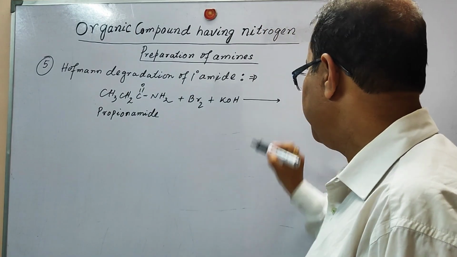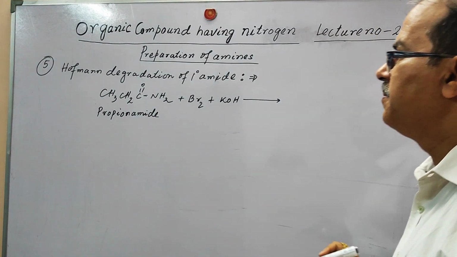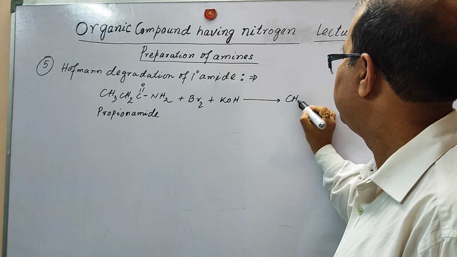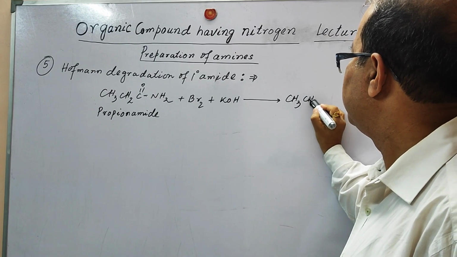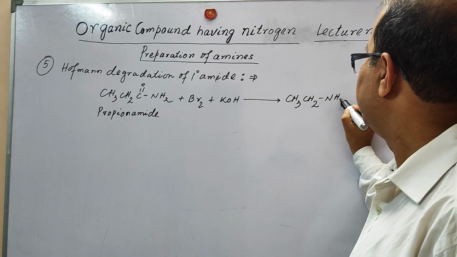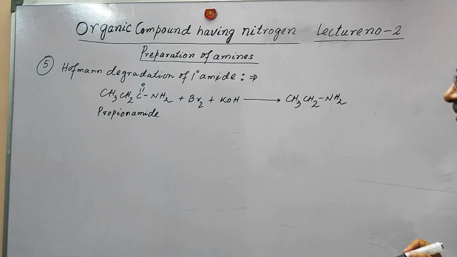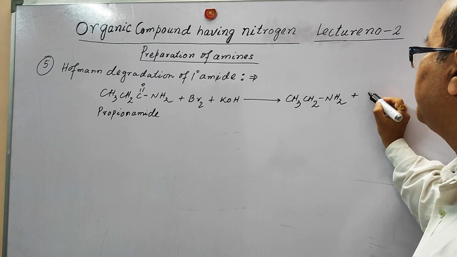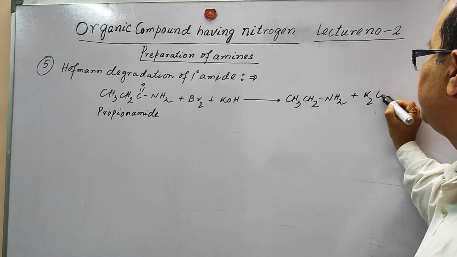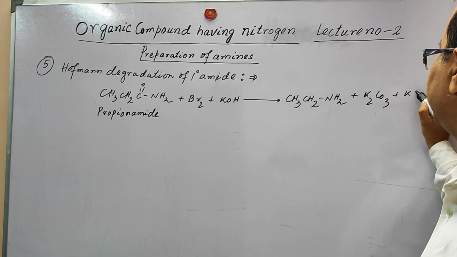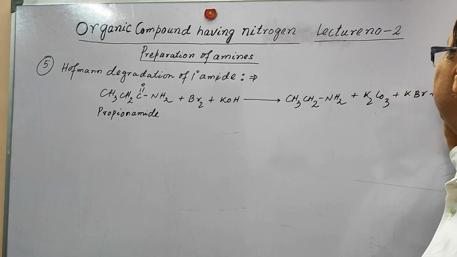This is going to form this primary amine, that is ethyl amine. And another product that we are going to produce, that is K2CO3, and it will produce the KBr and H2O.